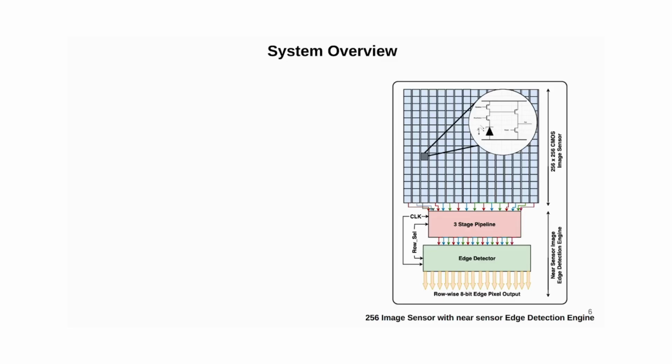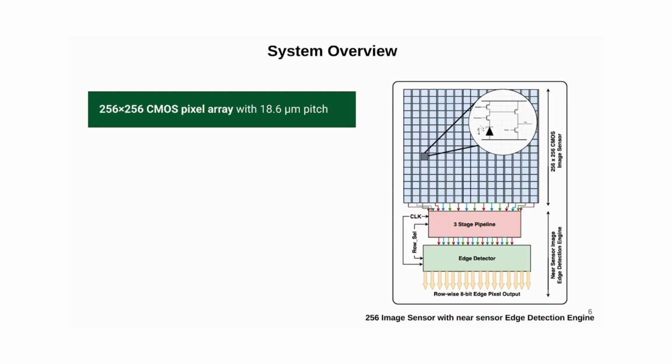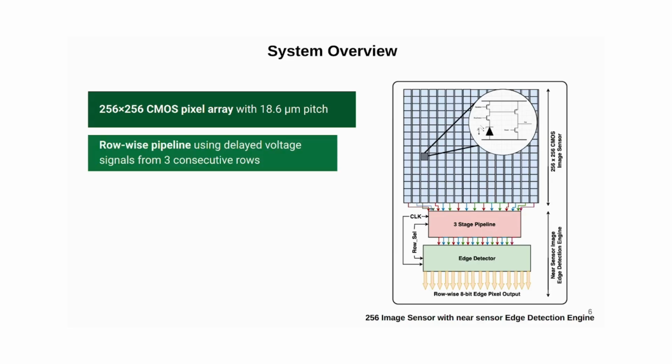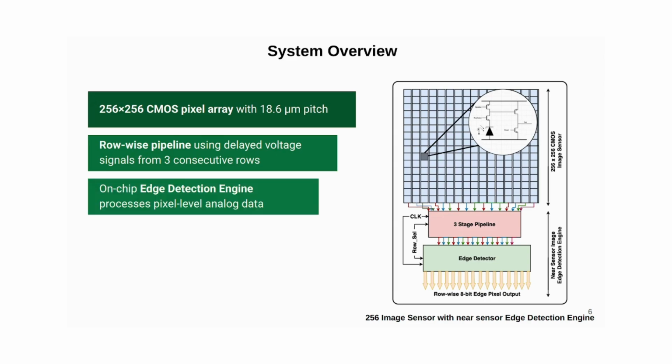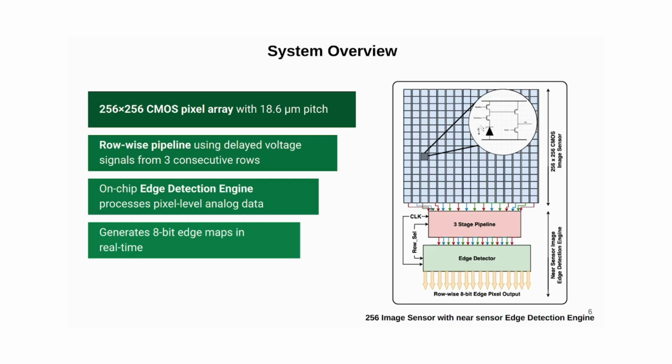Here you can see the overall architecture. We use a 256x256 CMOS pixel array designed in the UMC 180 nanometer technology node. Each pixel generates a PWM waveform proportional to its brightness. This PWM waveform is fed into a 3-stage counter pipeline which aligns pixel data from 3 consecutive rows.